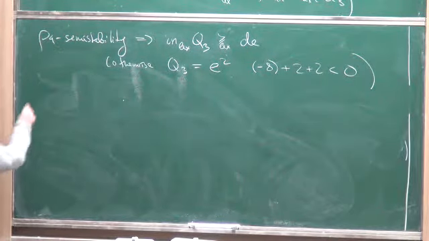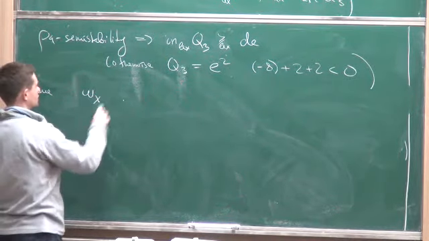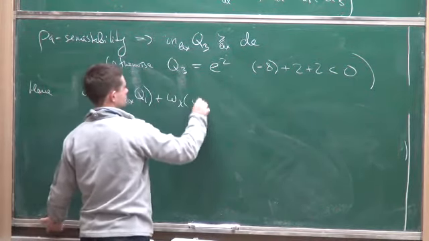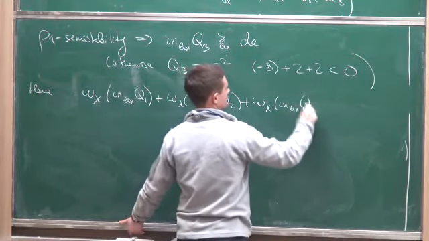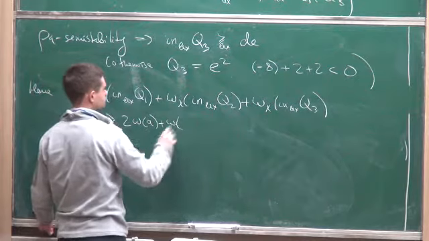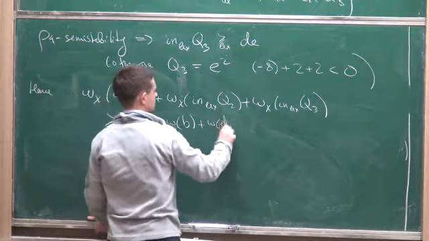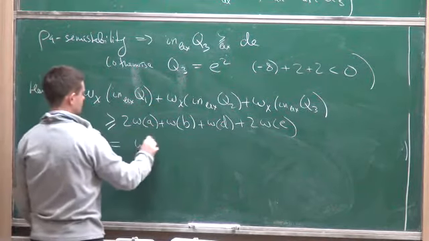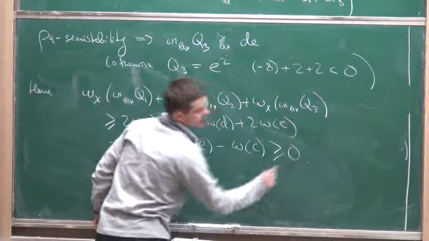And so now let's summarize. So summarizing, we have that the weight with respect to chi of the 3 initial monomials is at least 2 times the weight of A plus weight of B plus weight of D plus 2 weight of E. And since all the weights add up to 0, this is which we assume to be non-negative.